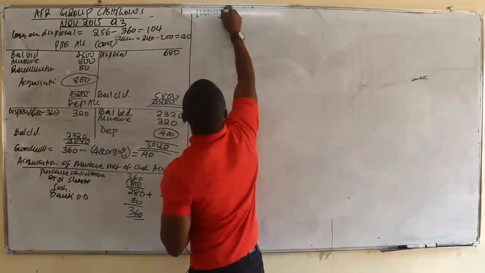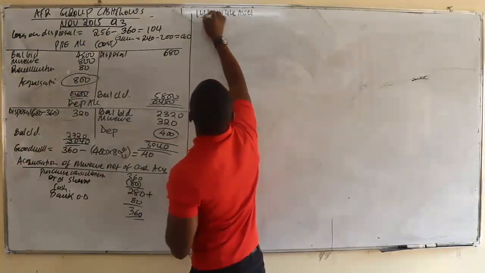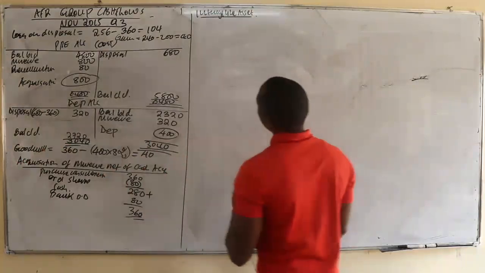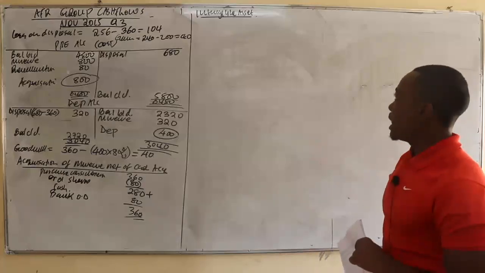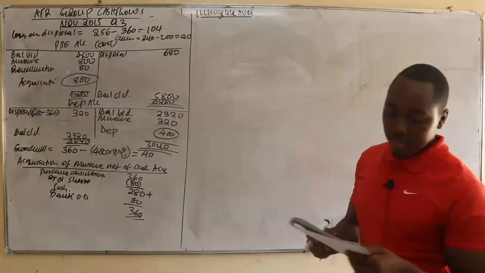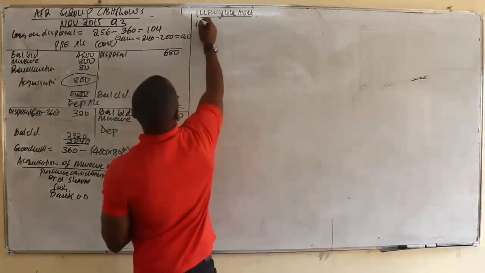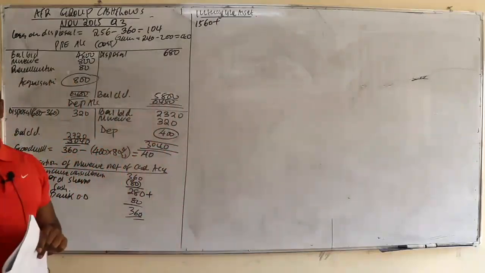We show the narration or we open T accounts? You want us to open T accounts? To add a narration. Intangible asset, how much is the opening balance? 1560. Then we acquired Mwewe. There was a goodwill, right?